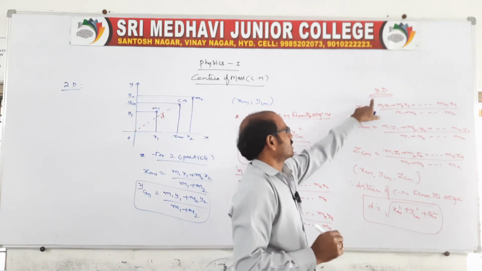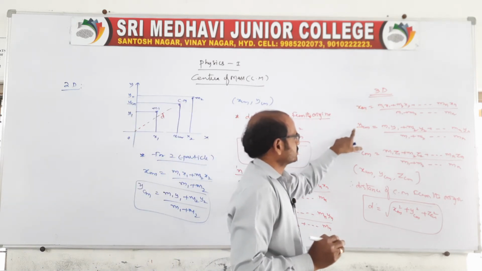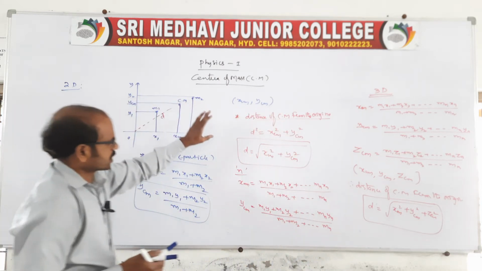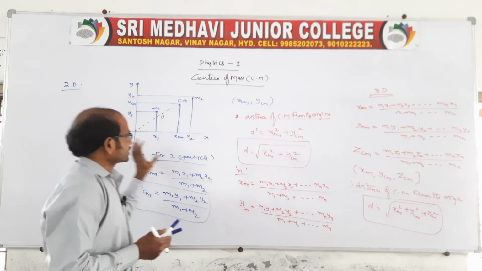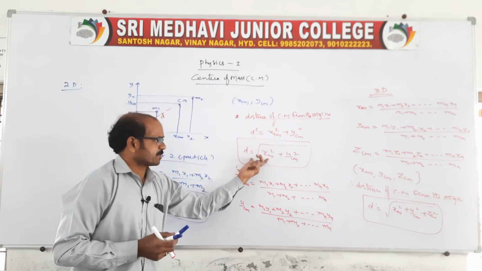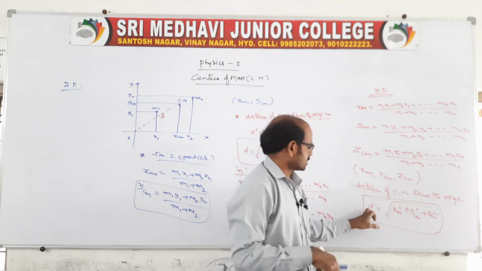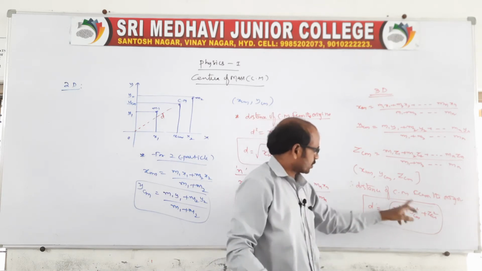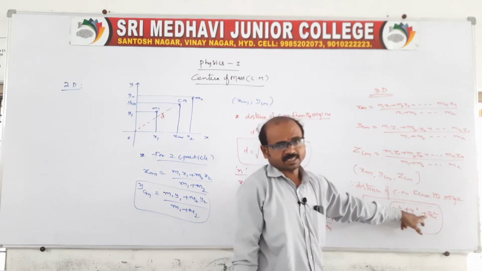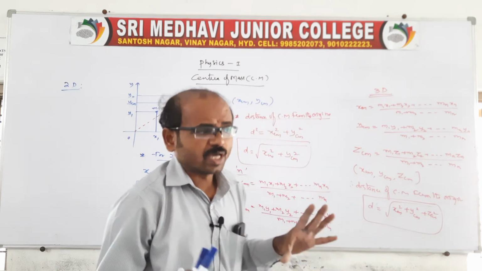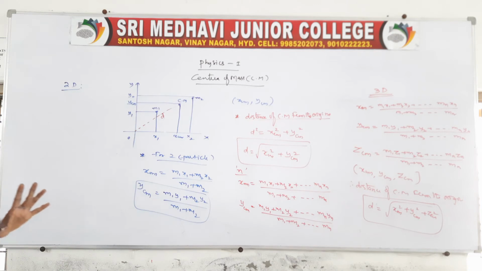Three dimension consists of three coordinates xcm, ycm, zcm. In case of two dimensions, it consists of only two coordinates xcm and ycm. And the distance of center of mass for two dimensions is root over xcm square plus ycm square. In case of three dimensions, the distance of center of mass will be root over xcm square plus ycm square plus zcm square. So like this we have the two dimensional and three dimensional cases.